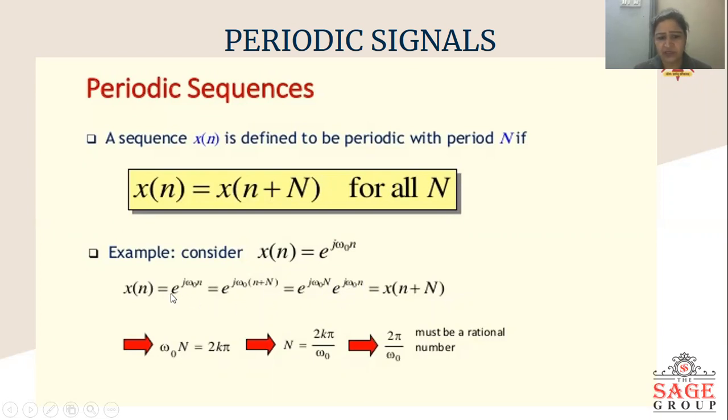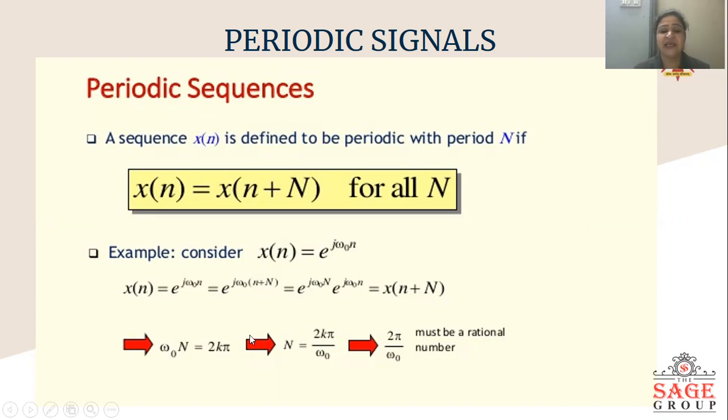Now, if I want x[n] to be equal to x[n + N], this exponential e^(j omega naught N) should be 1. And we know that this exponential will be 1 only when omega naught N is a multiple of 2 pi. So it will be written as 2k pi, where k is an integer. So for any signal to be periodic, omega naught should be written as 2k pi divided by N, where k is also an integer and capital N is also an integer.